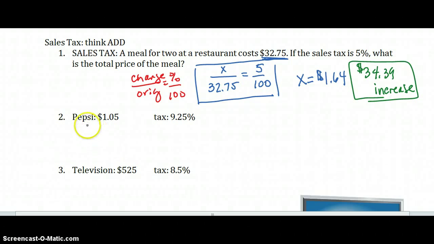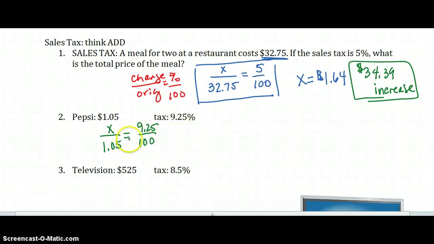Okay, Pepsi Cola cost $1.05, and the tax on that's going to be 9 1/4. So again, I know there's other ways to solve this, but let's figure out how much change that's going to be to our original cost at 9.25 over 100.